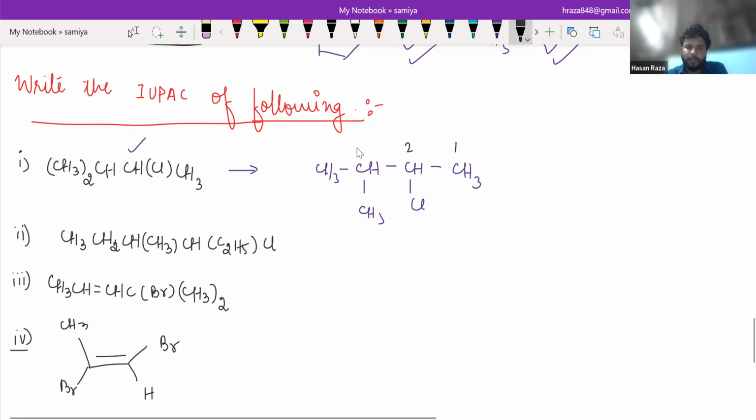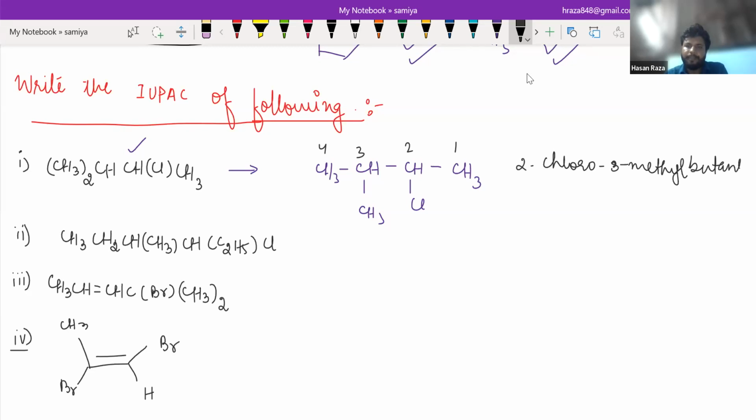If you number it, it will be 1, 2, 3, 4. So the name will be 2-chloro, 3-methyl butane, alphabetically 2-chloro, 3-methyl. Aman, is that clear? Okay, sir. How can it be 4-methyl? Darshan?